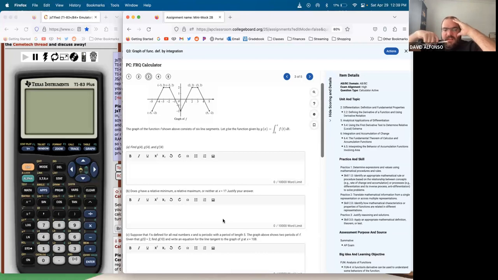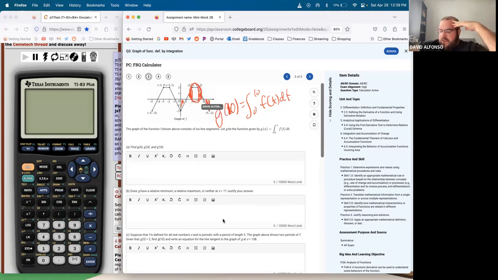Okay, so basically the first part here, find g of 10. That basically means g of 10 would be the area from 0 to 10 under f of x, right? From 0 to 5, you can see that this area and this area are going to cancel each other out, and this area and this area are going to cancel each other out.